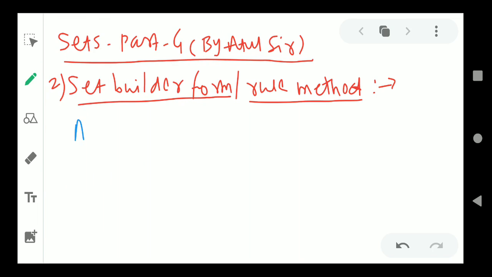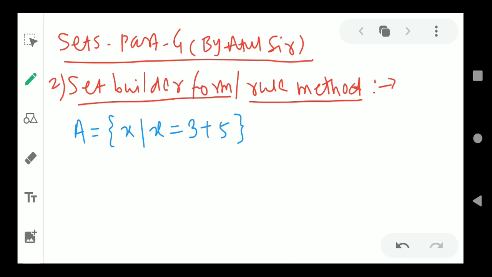Suppose A is the set of all x such that x is equal to 3 plus 5.